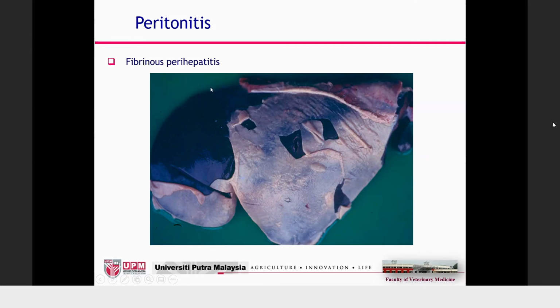So this is a condition called fibrinous hepatitis, but in this case, this condition is more subacute rather than acute, because in acute form, you expect to see clear exudate with the presence of gelatinous materials. I think it's very common also in chickens when they have chronic respiratory disease complex.